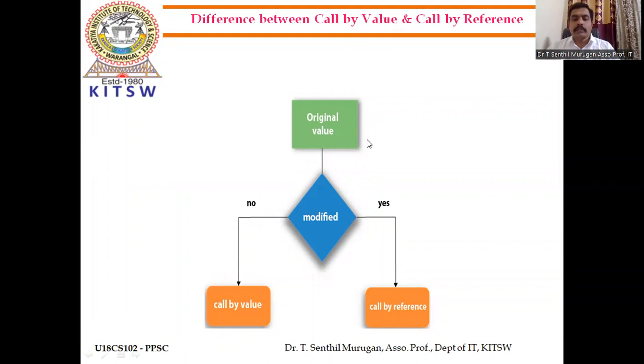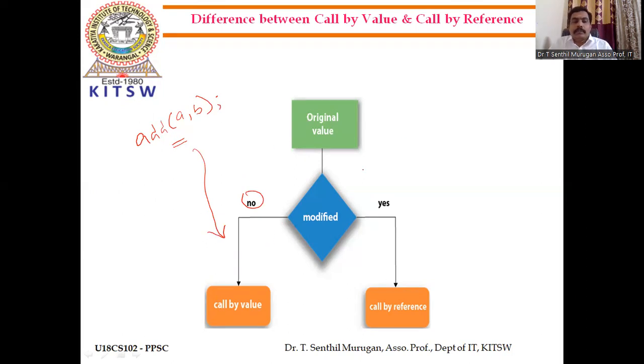What is the difference? The original value will be there, no? If it is modified, then it is call by reference. If it is not modified, that is call by value. For example, in a function call add(a, b), if I am sending the values of a and b, there is no modification, so that is considered call by value.